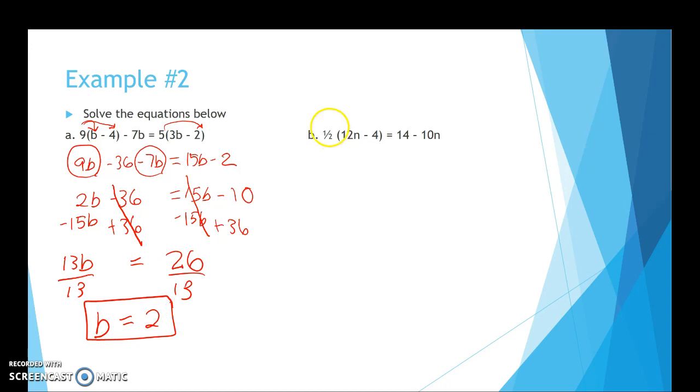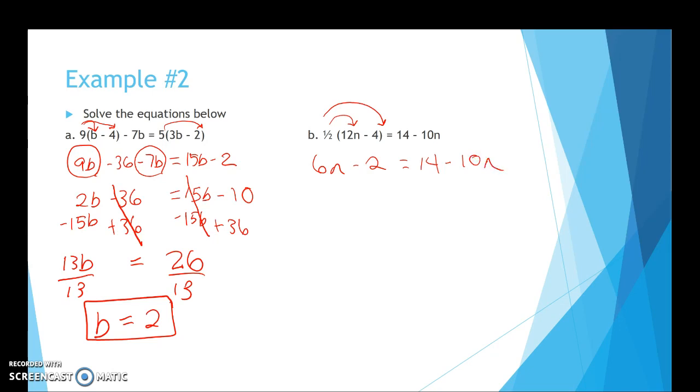The next one, B, we have half, parenthesis 12n minus 4 equals 14 minus 10n. I'm going to distribute the half to the 12n and to the negative 4. Half of 12n is going to give me 6n, 6n minus 2 equals 14 minus 10n. Again, we want to get the variable on one side, the numbers by themselves on the other.